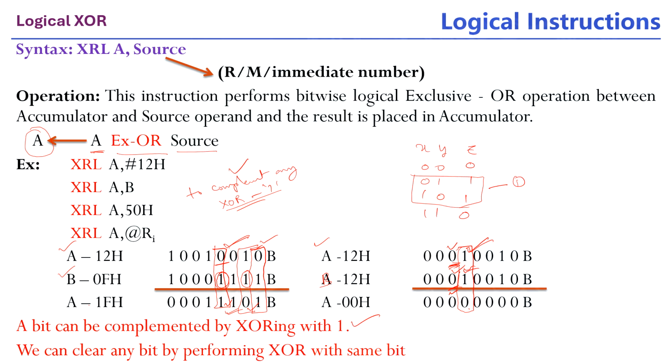First, a bit can be complemented by XORing with logic 1. Second, we can clear any bit by performing XOR operation with the same bit. These are the two applications of the XOR instruction.